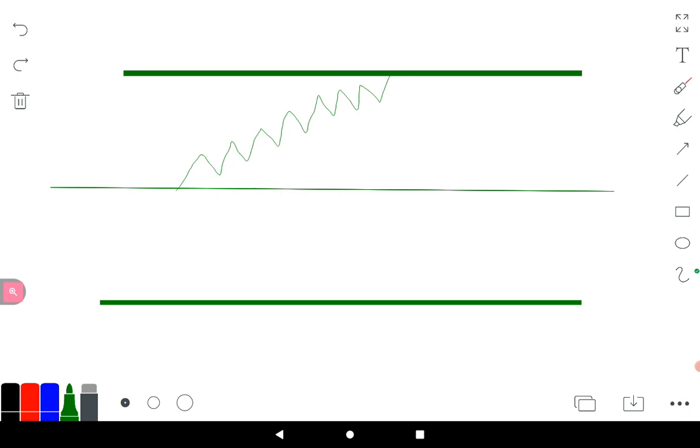Now for the market to change character, this low has to be taken out. This low right here, let me see if I can mark it properly. Price has to break this low right here.